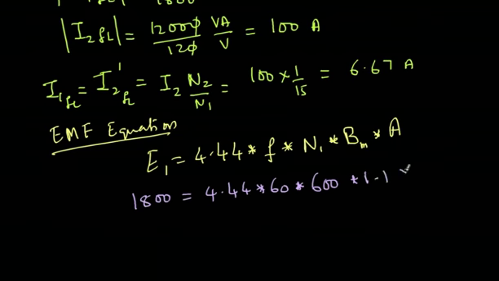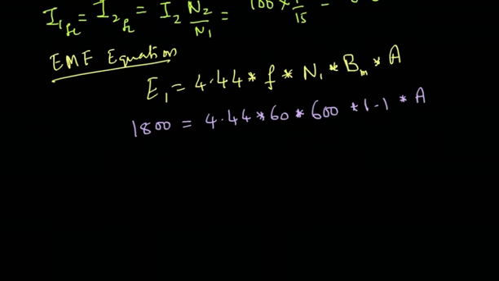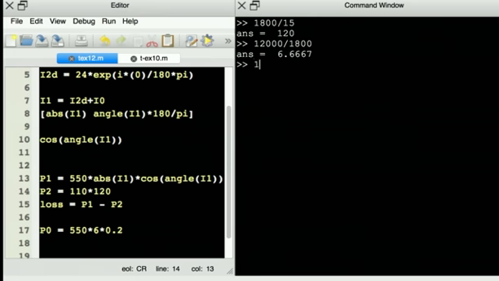So finally this area is unknown. Let's calculate that. 1800 divided by 4.44 into frequency 60 into number of turns 600 into maximum flux density 1.1. So I am getting 0.0102.